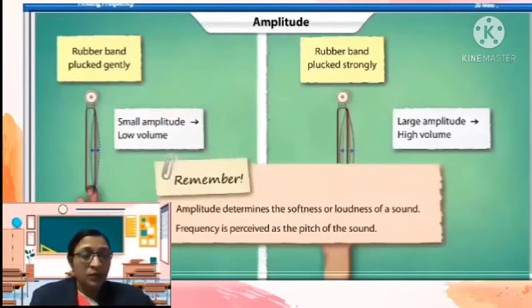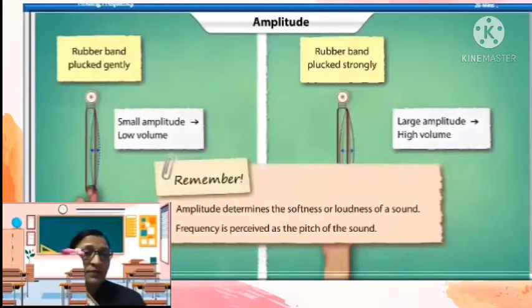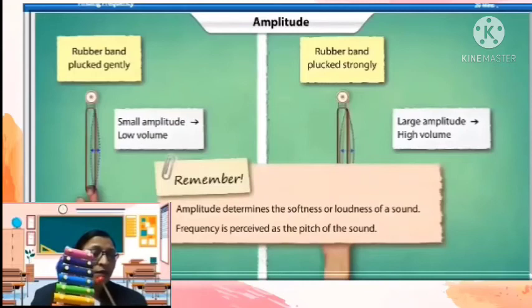One more example you can observe here. This is a xylophone. I'm going to strike the xylophone with the stick. Listen to the sound. Now the same xylophone I'm going to strike with a little larger force.